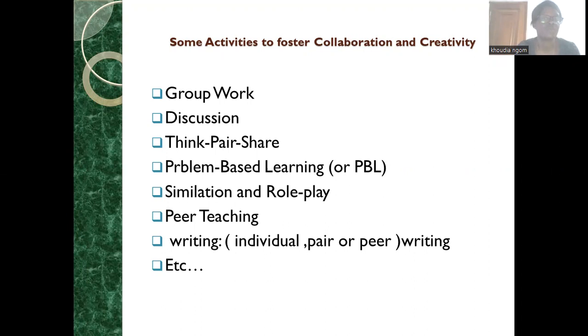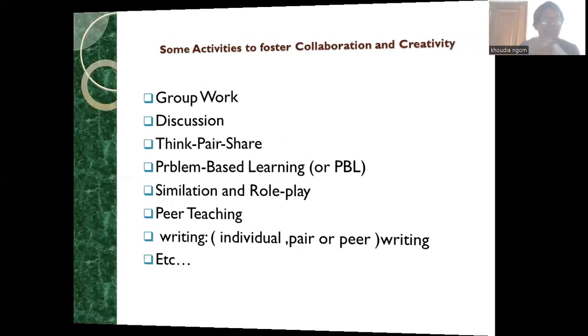Simulation and role play, peer teaching, writing: when a student is able to write about an event, about a situation, integrating all his skills, these are really interesting activities that can foster students' collaboration.